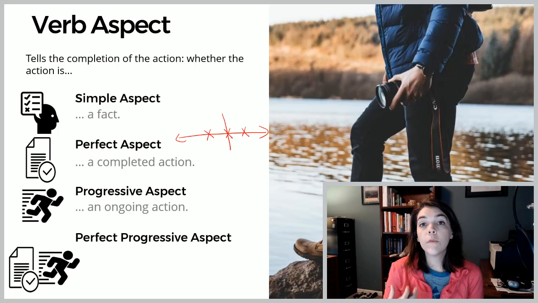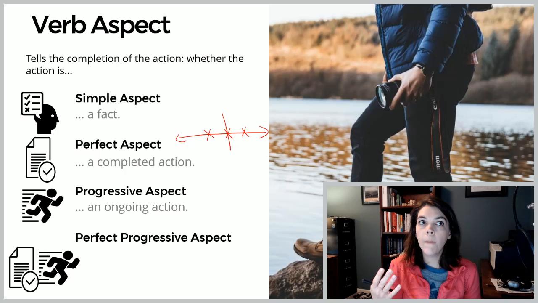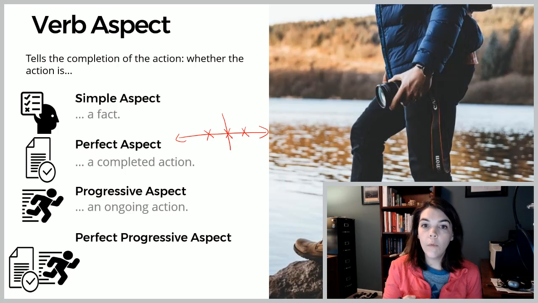It's our perspective of how we see that action being done. Is it simply something that is or was? That would be the simple aspect. Do we want to talk about the idea that the action was completed? Then we're going to use perfect. The progressive makes us think of that process.